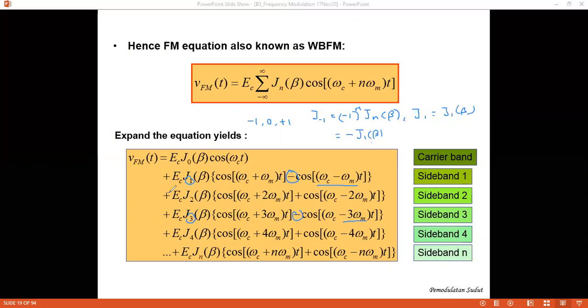You can see that for even, upper and lower are both positive. So this is the characteristic of our FM signals. From this equation, you can expand.